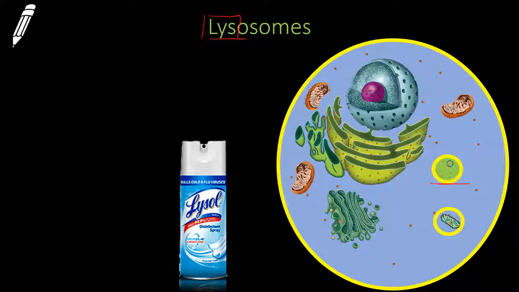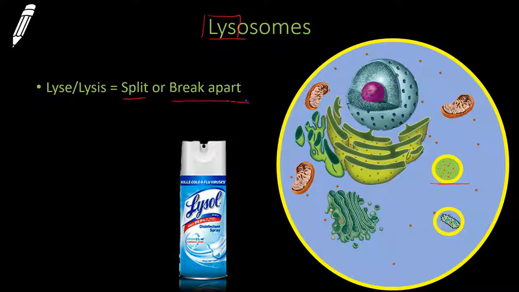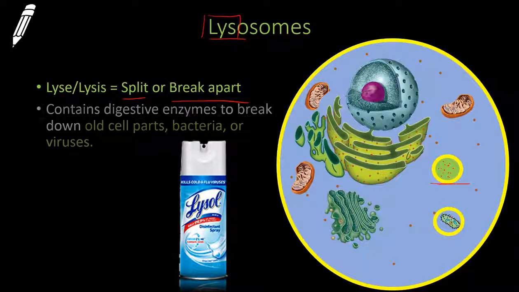Okay? And what's going to happen is anytime that a bacteria or a virus enters our cell, this lysosome is going to go to that bacteria or virus, ingest it, and it's going to use those enzymes to break it down. And remember, lyse or lysis means to split or break apart. So this lysosome is going to split or break apart that bacteria.